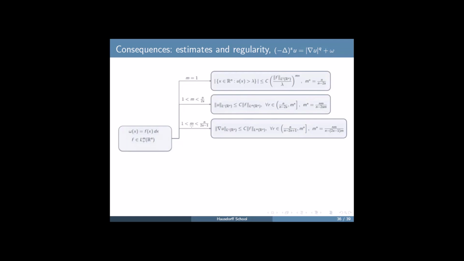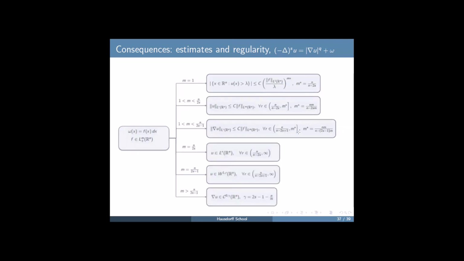And if m is between 1 and n over 2s minus 1, we can control the norm of the gradient in this range. And if you increase m, like m equals n over 2s, we get that the solution u is in any L^r space for any r in this interval. And also in the Sobolev space, we can get the same conclusion if m is n over 2s minus 1.